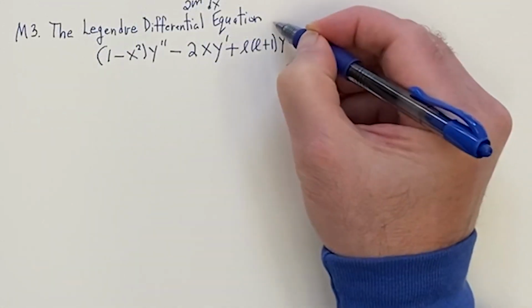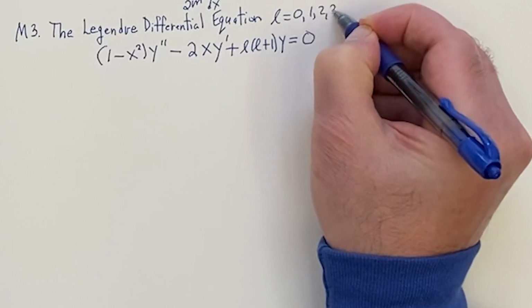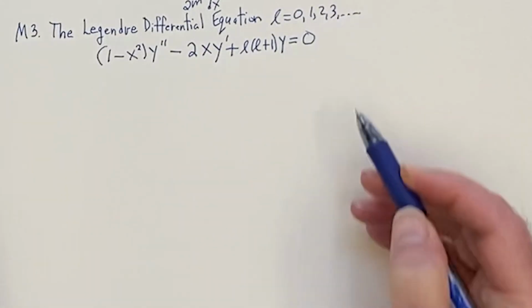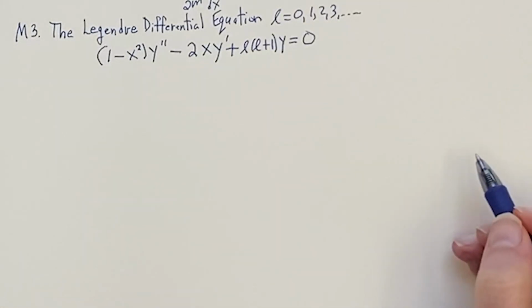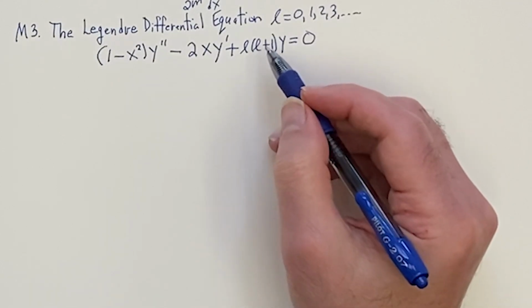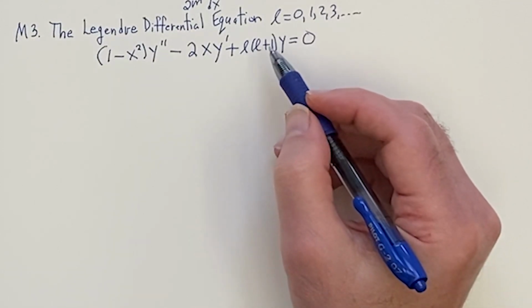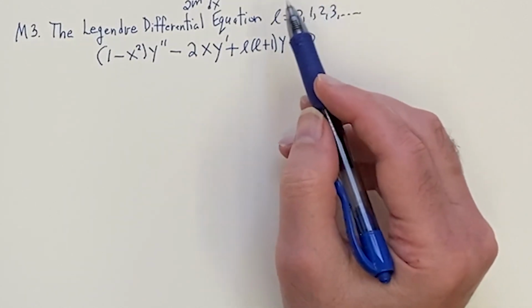And L equals 0, 1, 2, 3. Very important in physics and chemistry, actually. That's a quantum number in chemistry and physics. So when we solve the Schrodinger equation for the hydrogen atom in spherical coordinates, we will get an equation of this form.